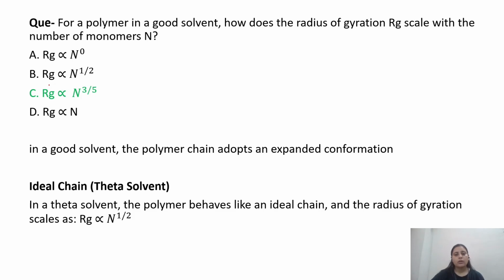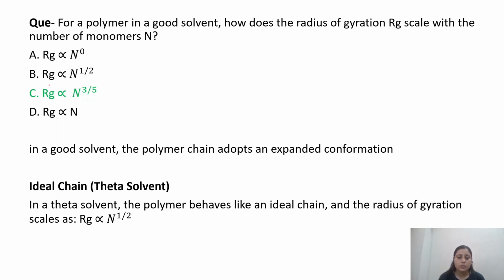When we put the polymeric chain in a good solvent, the solvent goes in between the chains and creates more distance between them, and because of that it forms the expanded conformation. As the solvent goes between the chains, the chain will expand.